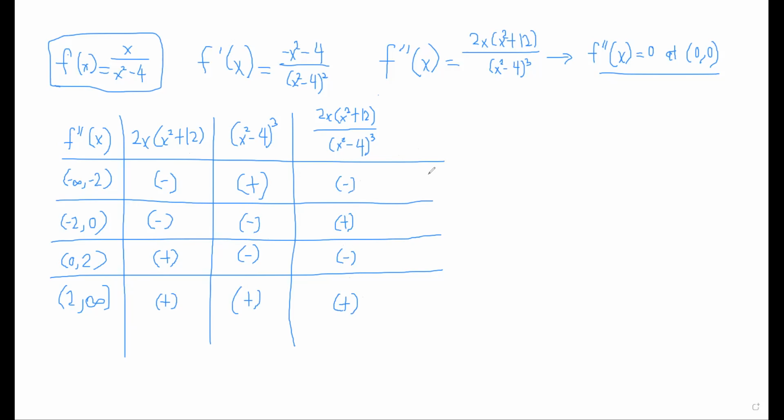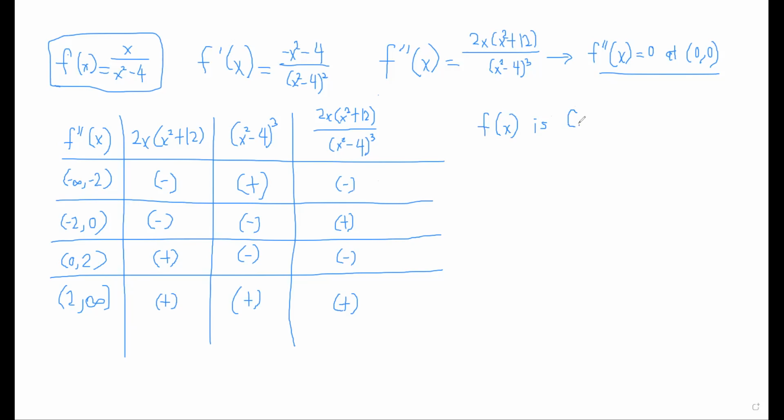So here we have our answer. What does this tell us? It tells us where f prime prime x is negative and positive throughout the domain. And based on this information, where it's negative, it's concave down.